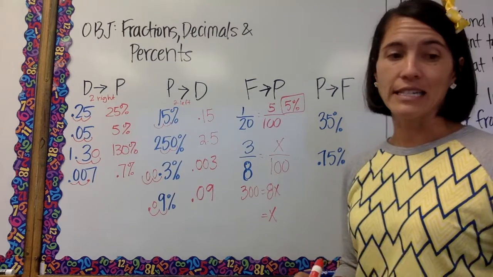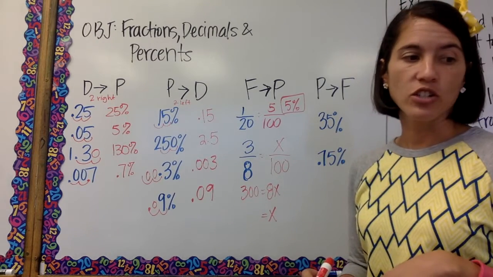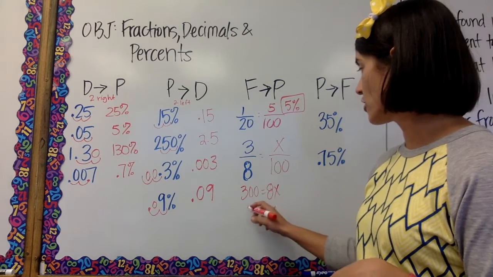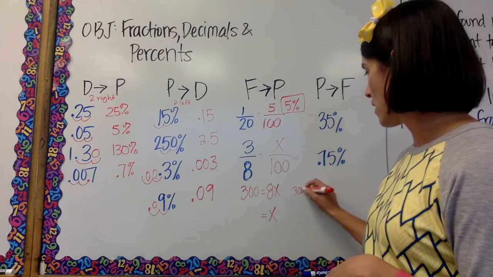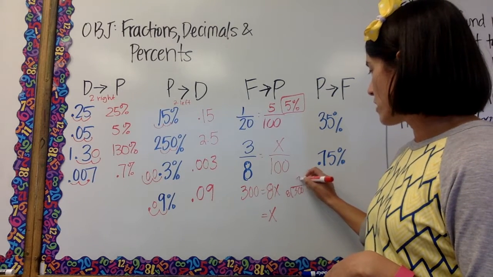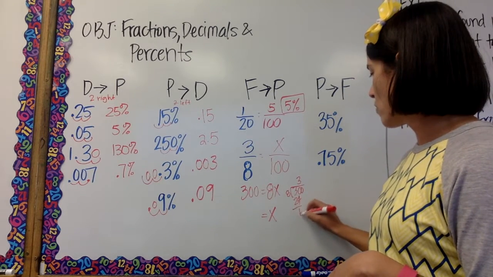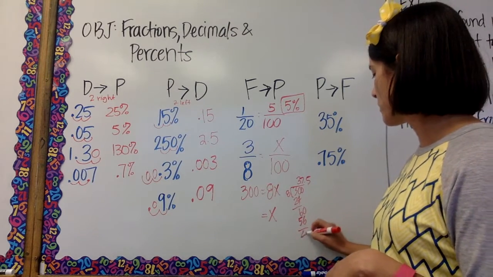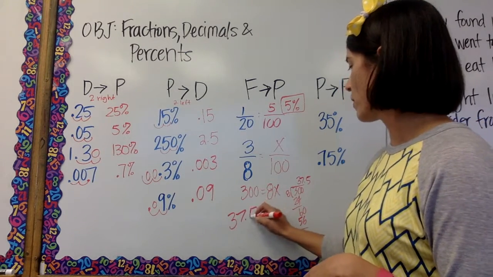Divide by 8, and you end up getting 37.5. So 37.5%.